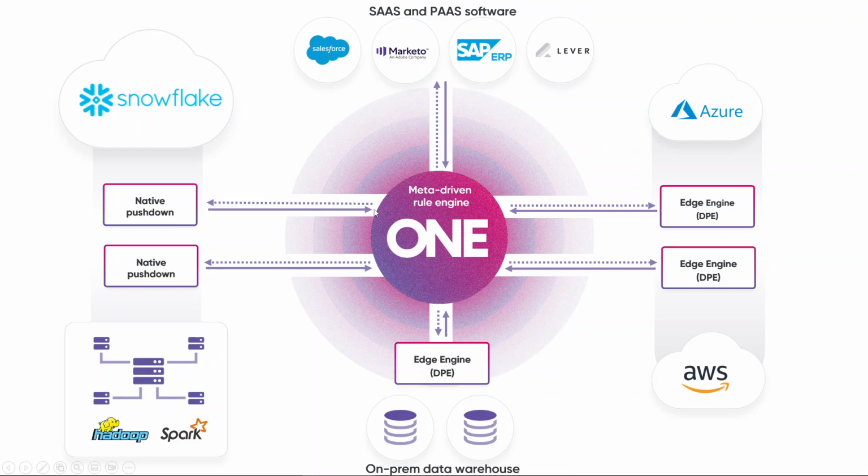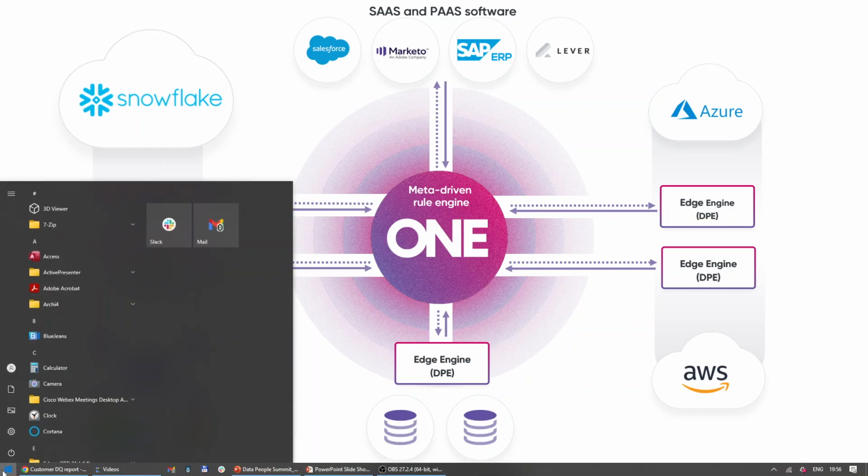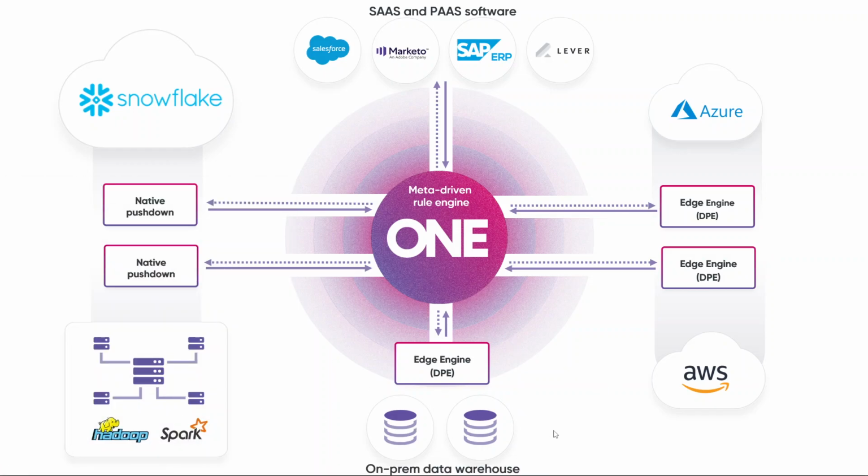Of course, one Ataccama web application can be connected to multiple DPEs that are strategically placed close to your source data. So if you have multiple sources, like on-premise databases or cloud databases, the DPE can be sitting close to them, so the data transfer is efficient.